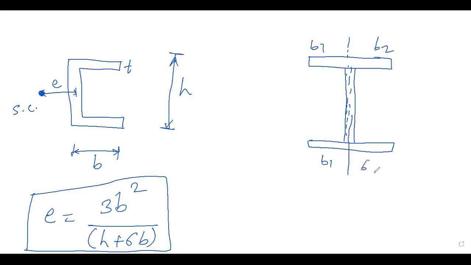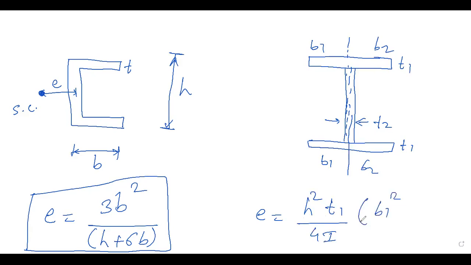The thickness is T2 here, and the thickness here is T1. So for this case, it is H square T1 divided by 4I, in bracket B1 square minus B2 square. This will be the shear center distance for this section.